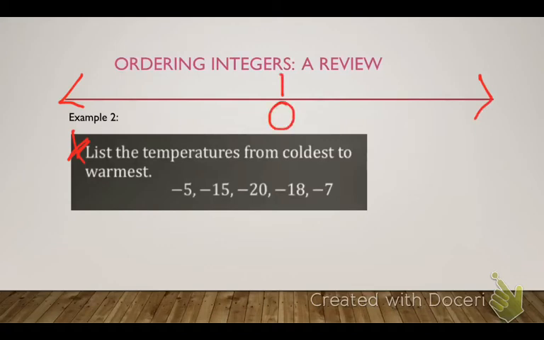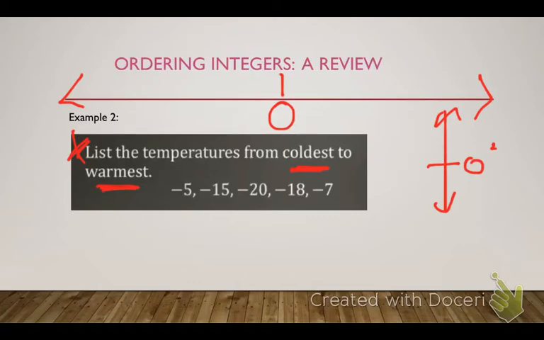And I know that it says I'm going to go from the coldest to the warmest. And I know that as I'm working with temperatures, the farther to the left I go, the colder it becomes. In fact, sometimes you might even think about your number line standing straight up and down. Here's 0, and this is 0 degrees. So that means it's neither above 0 nor below 0, obviously.